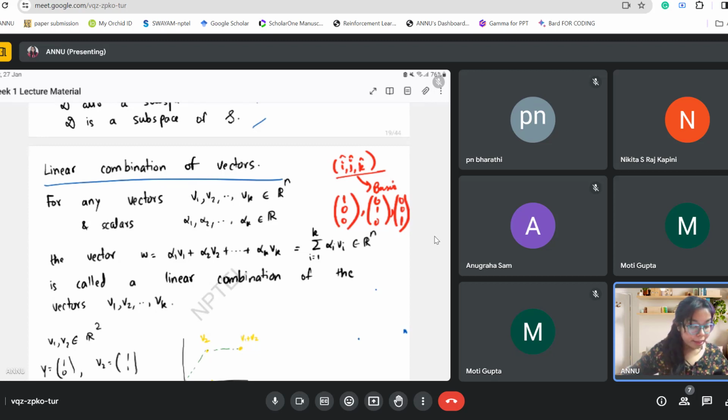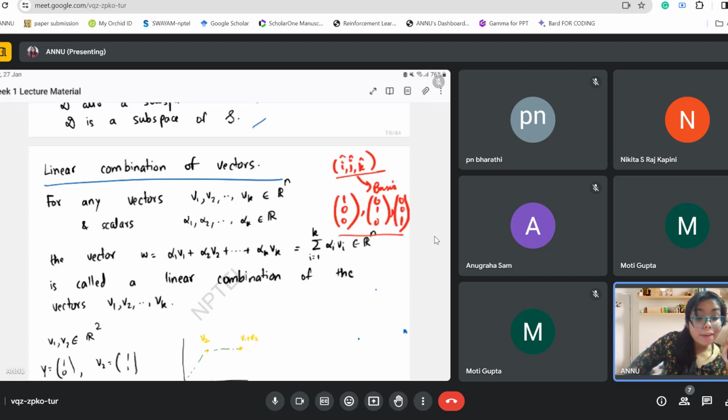So here we come to the topic of linear independence. Let's say any two vectors v1, v2 belonging to R square, because a vector will belong to R square if it is defined over the field of R. Then you consider the linear combination, that is, alpha v1 plus beta v2, where alpha and beta are any scalars.